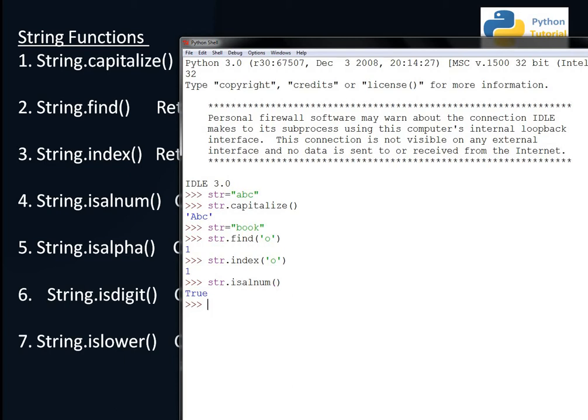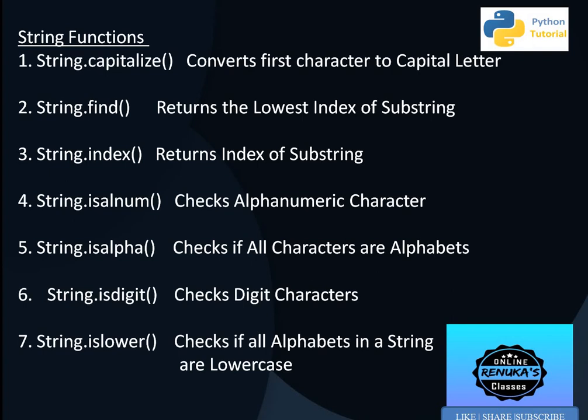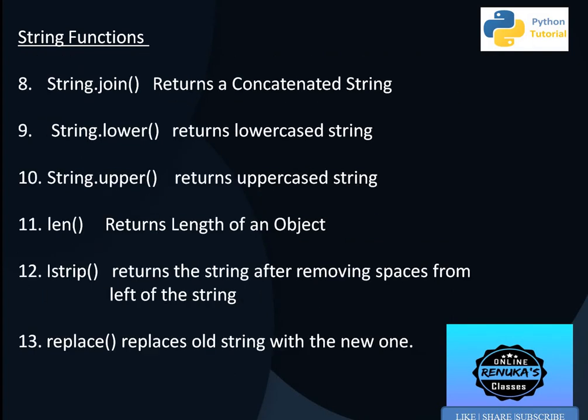Then we check isdigit. Because it is not containing digits, it is returning false. Now we'll check whether it is in lower case. Islower is returning true, because here you can see all the characters are in lower case. So this is how functions work in Python.